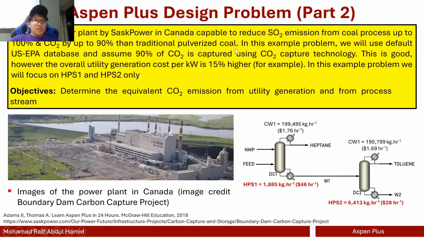And obviously, when you capture CO2, the overall cost of utility generation will increase because you have an extra step to capture CO2. In this case, I'm just going to give a random number. I'm just going to assume the cost will be 15% higher. Okay, this is just an example.